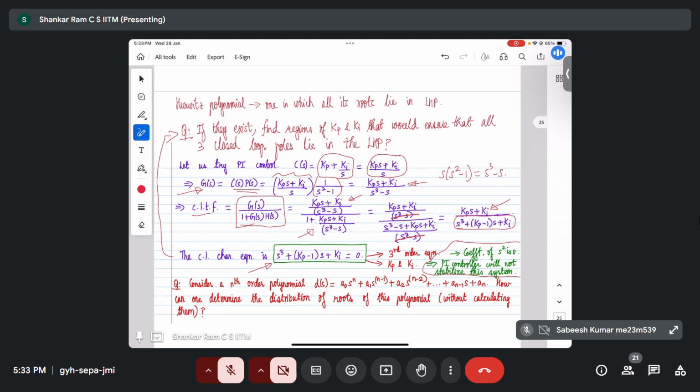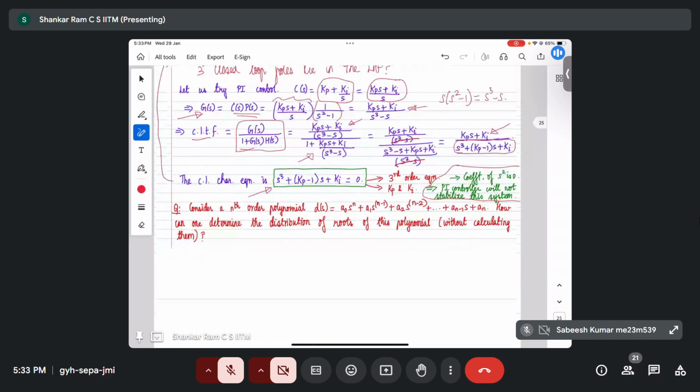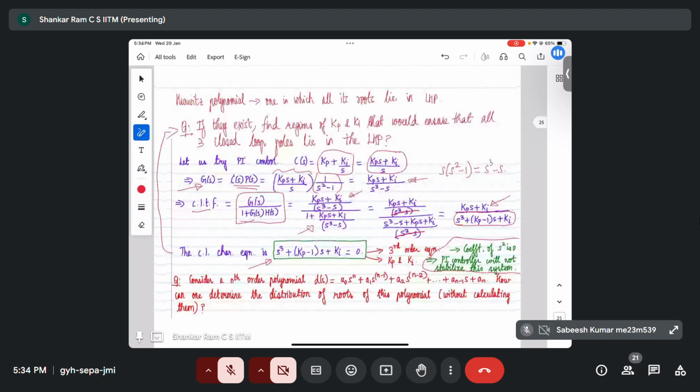Okay, so now the question becomes, how do we proceed? We have come to this cubic polynomial, a third order closed loop characteristic equation with a PI controller.